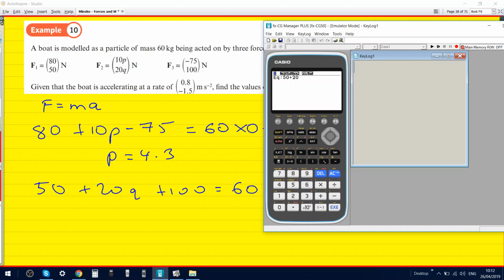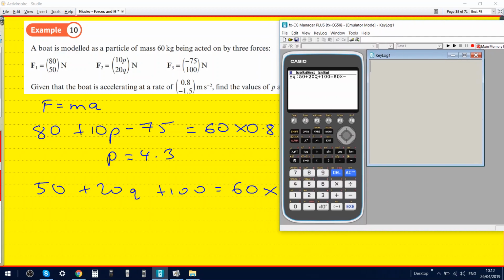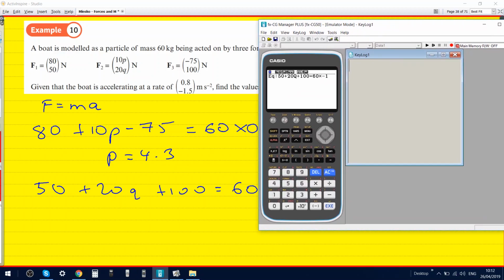So we can try putting this in. I'm going to try putting in Q as well. I'm sure it would be fine with X. So this time it's shift equals down the bottom. Minus 1.5. And press execute.